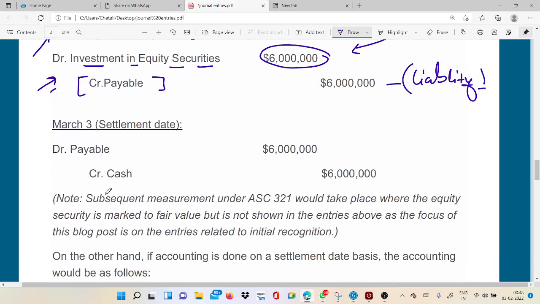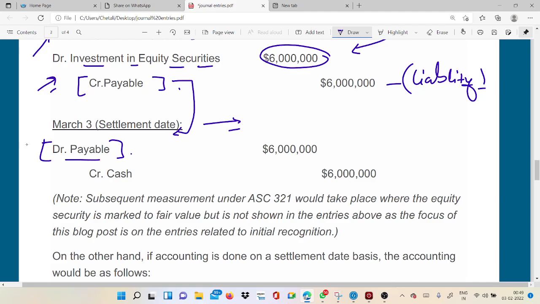Then on the settlement date, what would be the other entry? Here the payable is debited and cash is credited, the reverse, because now you have actually paid the cash; debit the payable account, credit cash, meaning we process the cash to the seller.